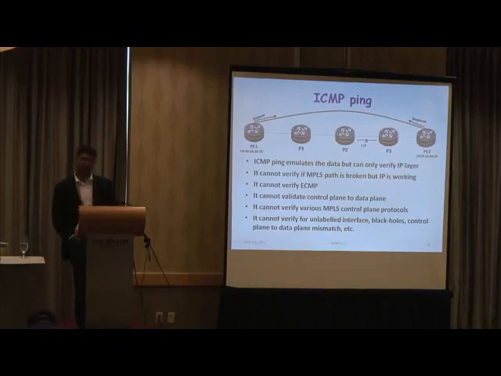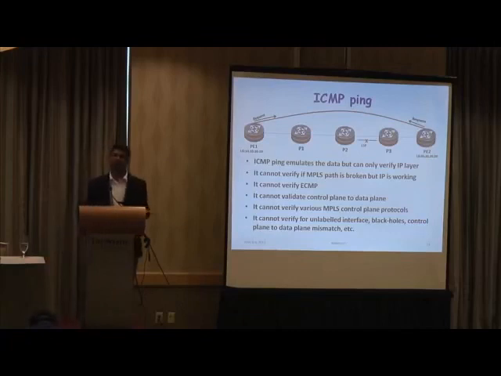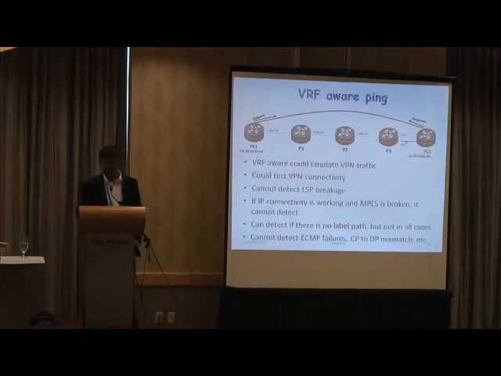Most likely the IP route will exist. So ICMP will not indicate an LSP failure between P2 and P3. Then, as I said, it cannot verify ECMP paths either. So you cannot really use ICMP in all cases, or the majority of MPLS cases.